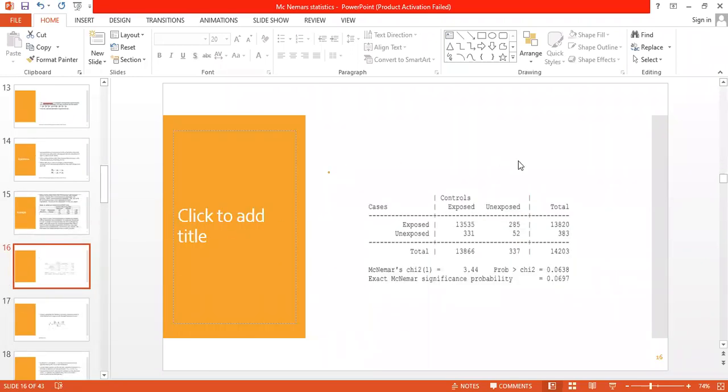When we put all these values in a calculator, the McNemar chi-square value is 3.44 and the p-value of the chi-square is 0.06. There is another version of the McNemar test which is called the exact p-value, and the p-value is 0.0697.